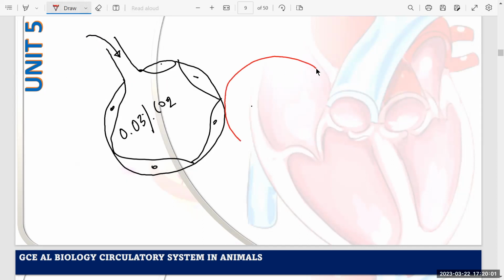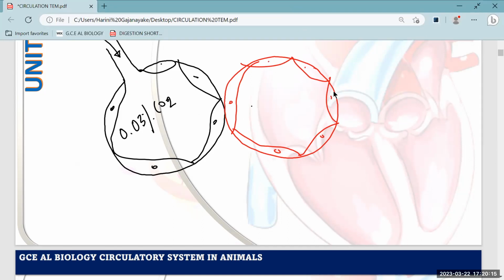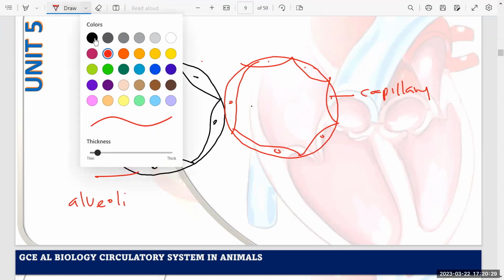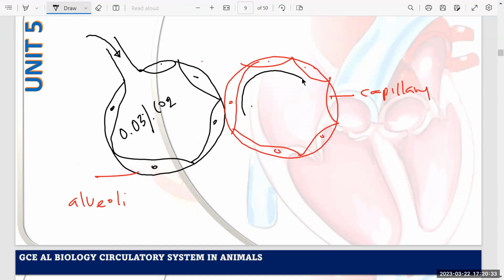So we also learn capillary in this section. They are also made out of thin cells called endothelial cells, and they're in very close contact. That's the capillary, and this one is the alveoli. Here we can see a red blood cell.